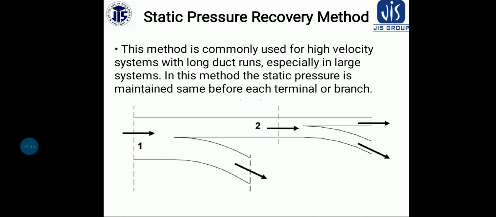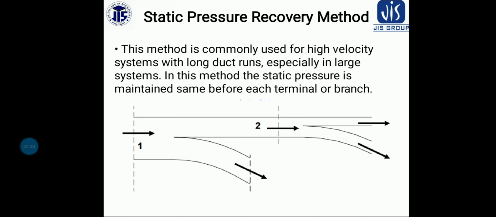Now by the help of the Bernoulli's equation, we can describe this duct system, the static pressure and velocity pressure. So basically P by rho g, if it is multiplied by rho g, then P plus rho C square by 2g plus rho g Z will be constant.